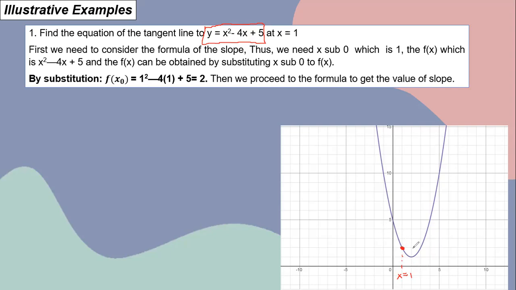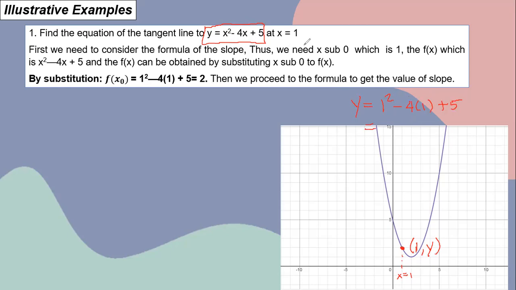So ito yung point at x is equal to 1. Okay? So we will be finding or we will be looking for the coordinates, okay, passing through the parabola. Okay, so we have the 1. Ihanapin na lang natin si y. Okay, so paano natin makukuha si y? Okay, we will just have to substitute 1 to our formula. So formula tayo, y is equal to x squared minus 4x plus 5. Thus, okay, substituting 1 squared minus 4 times 1 plus 5.